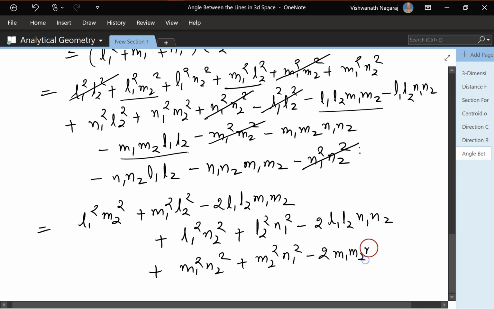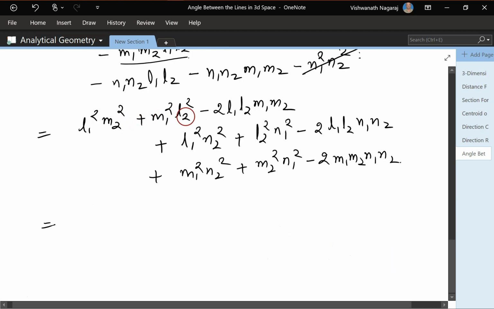Now look at this. The first three terms can be written as (l1 m2 minus l2 m1) square. If you expand it, you will get back l1 square m2 square plus l2 square m1 square minus 2 times l1 l2 m1 m2.